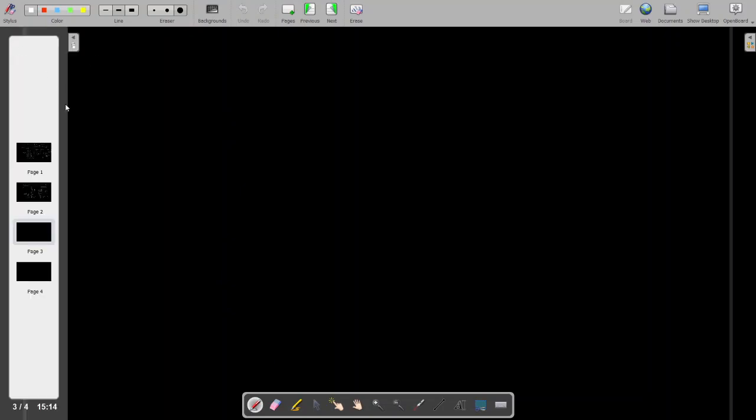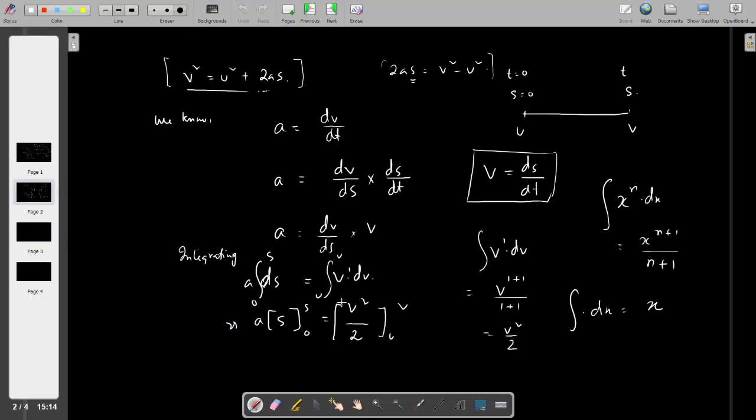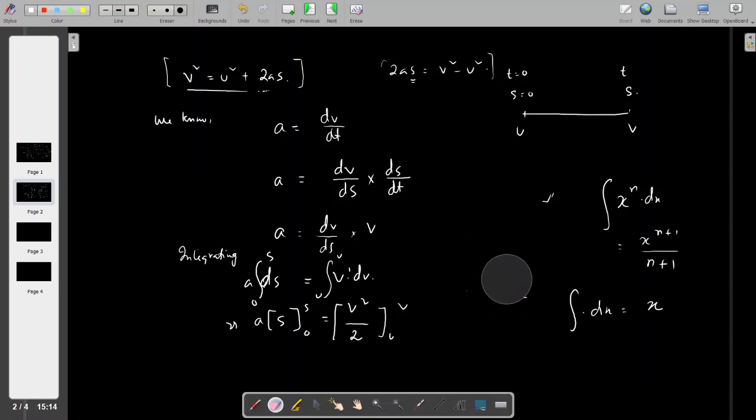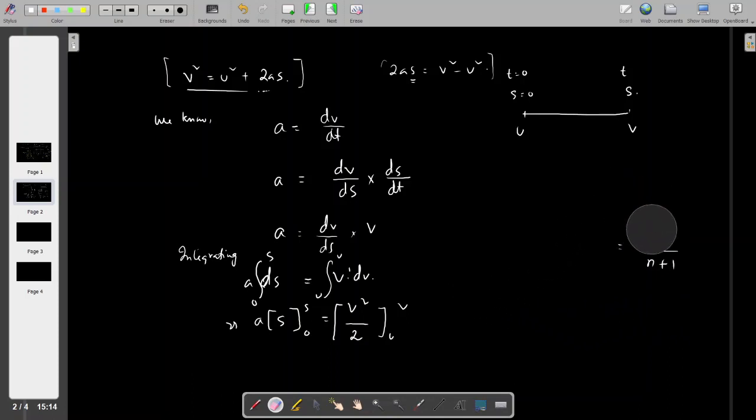Let me go to the previous page here. I can write here only. So here it is upper limit minus lower limit. Now in this case, what is the upper limit?